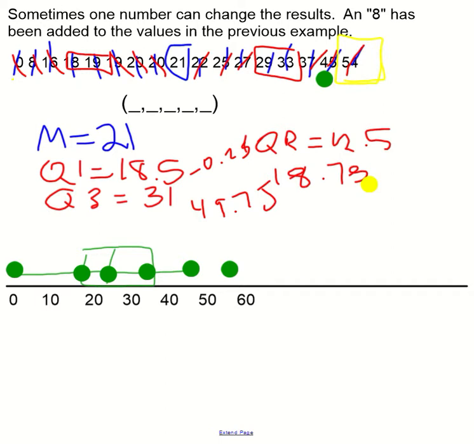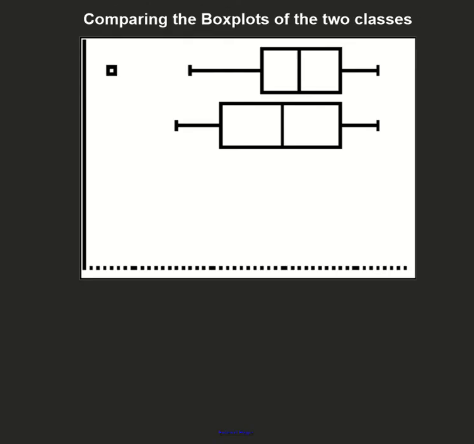Alright, up here I have two box and whisker plots, so let's compare these quickly. We'll call the first one number 1 and the second one number 2. The range of number 1 looks to be slightly smaller than the range of the second one.